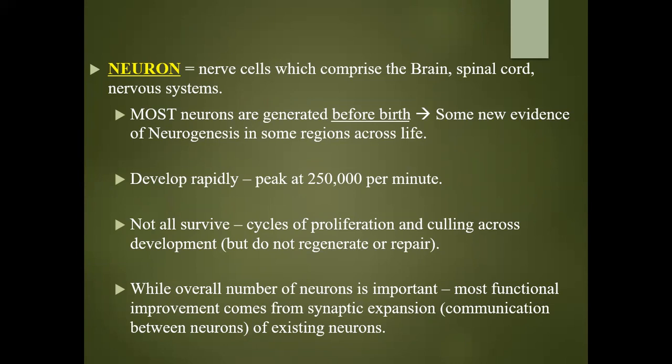Most of the neurons that we have in our body are generated before birth. And obviously not before conception, before birth, so in the in utero period. And there is some new evidence in the last decade or so that neurogenesis, the creation of brand new neurons in the body, actually is occurring in some regions of the brain and body across life.